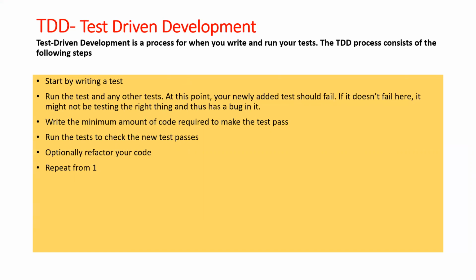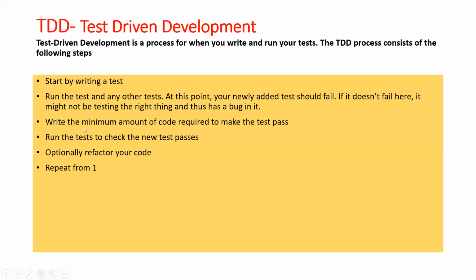The TDD process consists of the following steps. Start by writing a test. Run the test and any other test. At this point, your newly added test should fail. If it does not fail here, it might not be testing the right thing and has a bug in it. So you should get a fail, and then write the minimum amount of code to make the test pass. That is the third step.